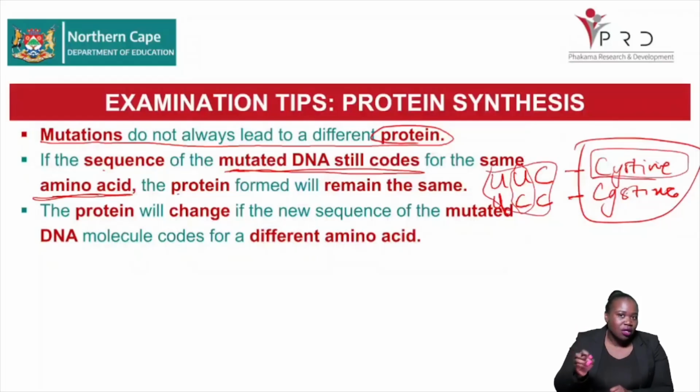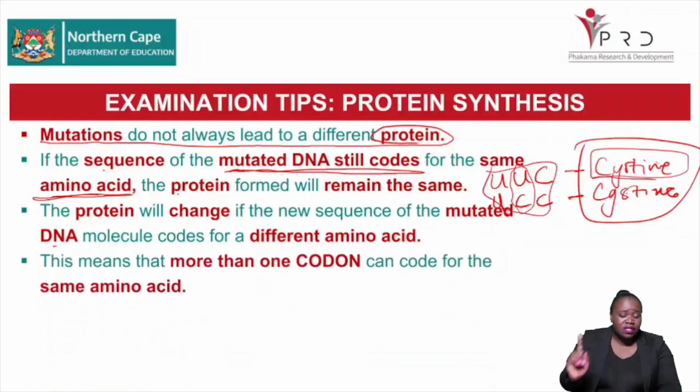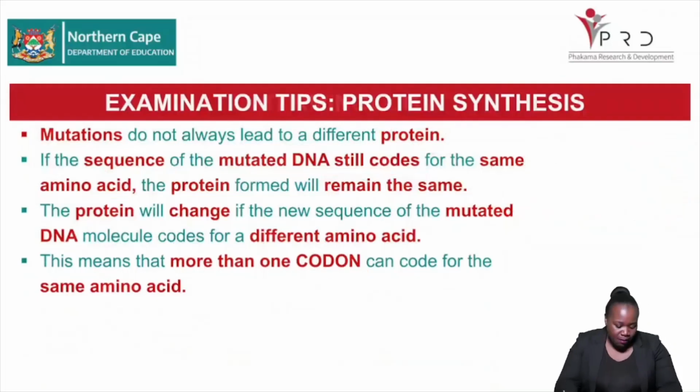So make sure you check so that you are sure of that. The protein will change if the new sequence of the mutated DNA codes for a different amino acid. But if it does not code for a different amino acid, then the protein will not be different. This means that more than one codon can code for the same amino acid.